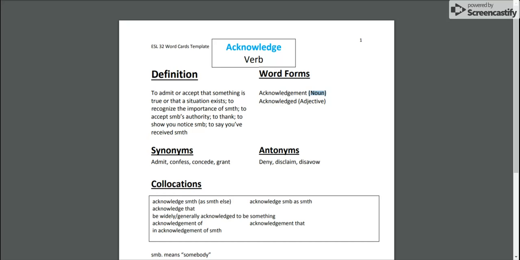Okay, it can be used as a subject instead of as a verb. All right, we can use acknowledged, which is an adjective form. You have to use the dictionary in order to find these. Okay, so you have to do a little bit of digging and a little bit of dictionary work to find these things.